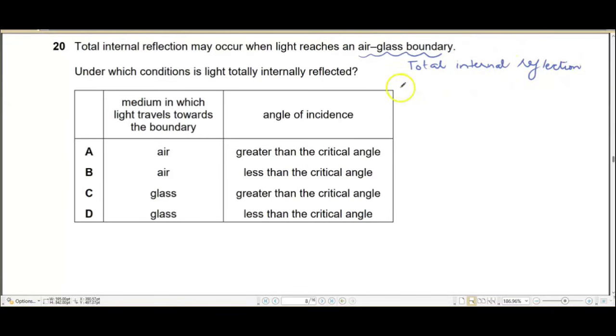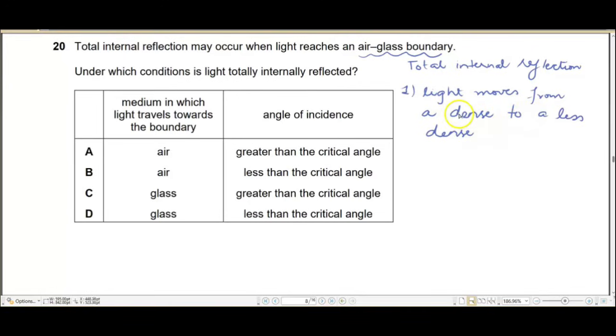The first one being that the light should move from a dense to a less dense medium. Like it should emerge from water and go into air, or it should emerge from solid and go into air.